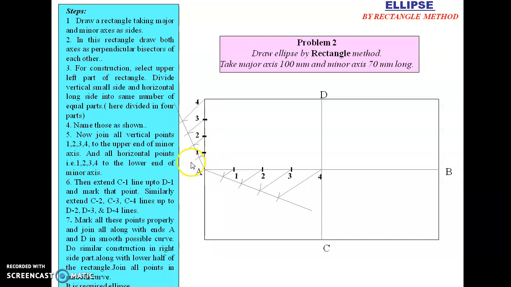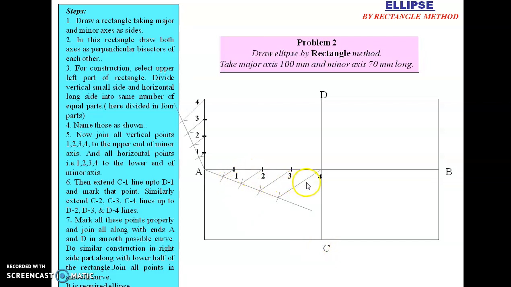Now join all the vertical points 1, 2, 3 and 4 to the upper end of the minor axis, and all the horizontal points 1, 2, 3 and 4 to the lower end of the minor axis.